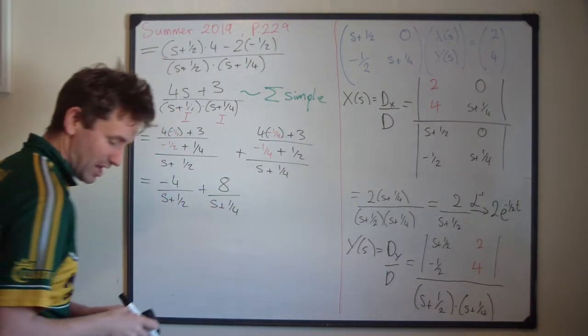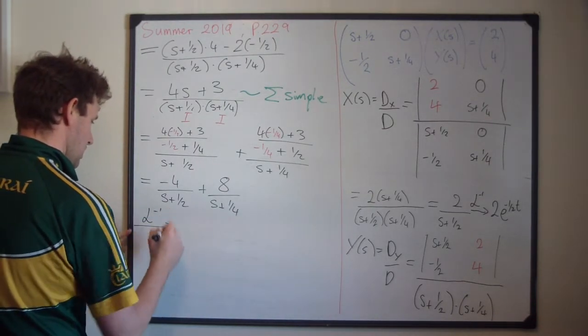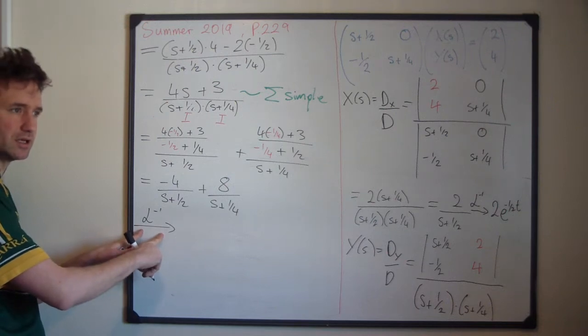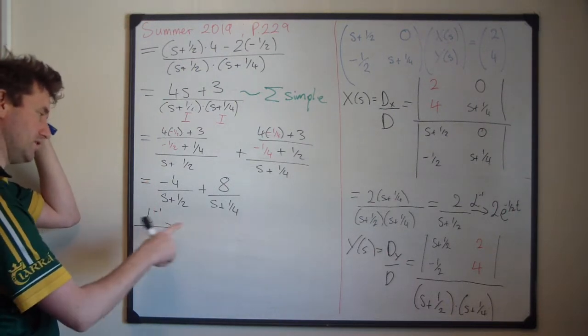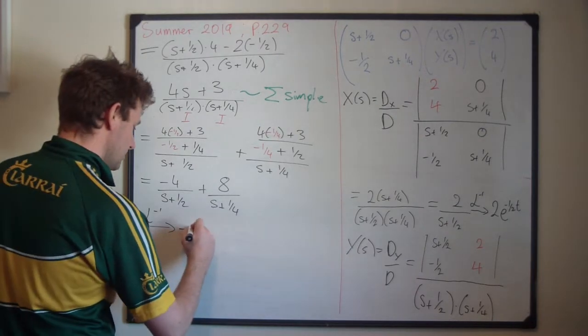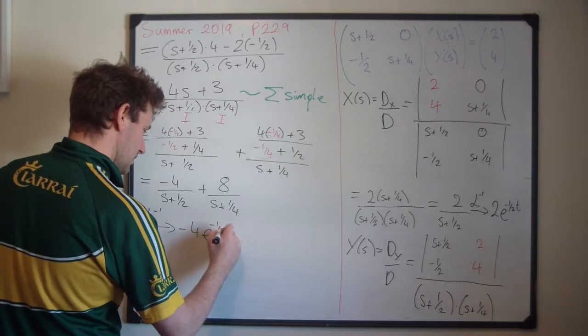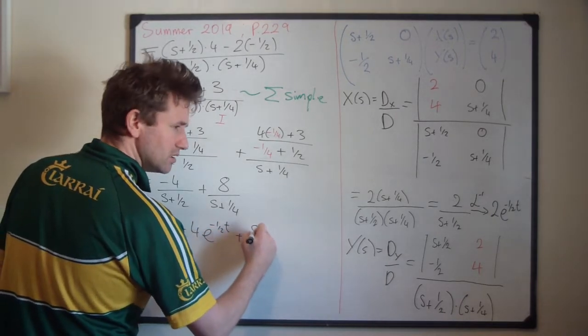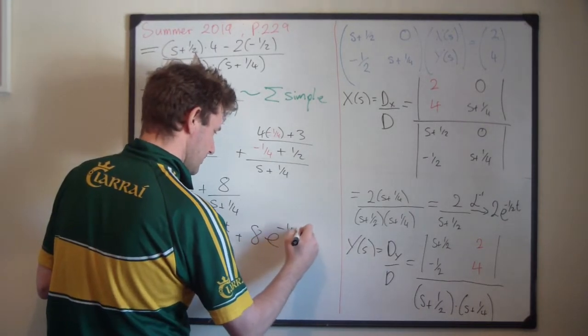And we can send this back to little y of t. I don't like seeing equals here. Probably should be doing, if this is big Y of s, then little y of t is equal to, but I'm happy enough with this. So the minus 4 is fixed, then 1 over s plus a half goes to e to the minus a half t, plus the 8 is fixed, and then e to the minus a quarter t.